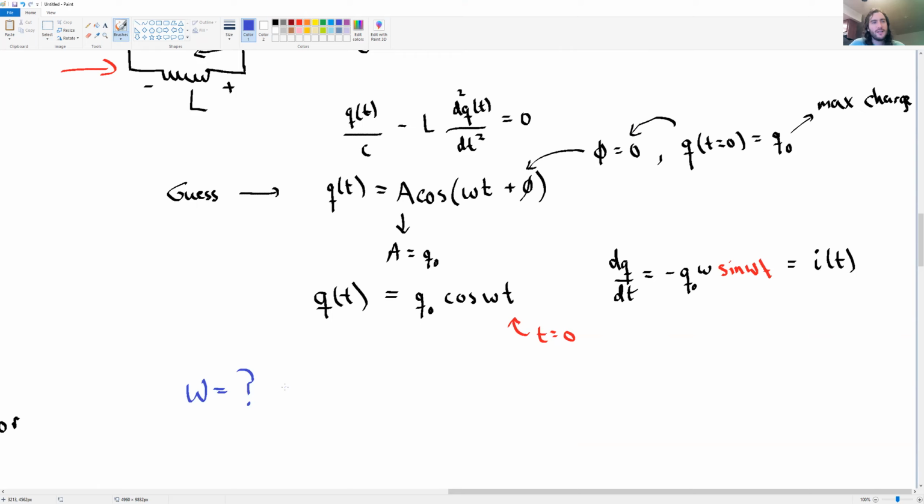Of course, omega has units of 1/seconds. The best way to determine what omega is going to be is to consider the case of a mass on a spring.